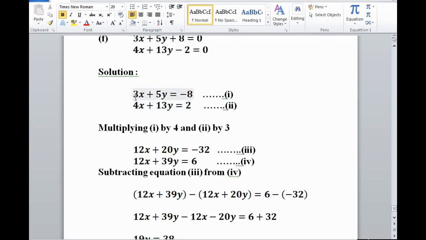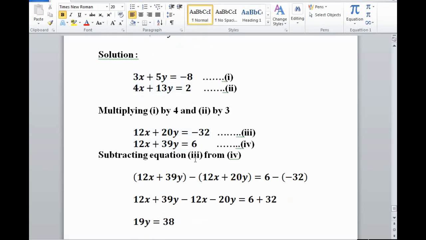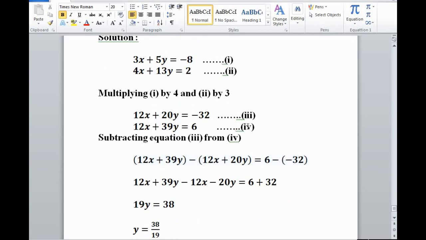So let's do it. 3 times 4, 12x, 5 times 4, 20, and 8 times 4, 32, and then 4 times 3, 12, 13 times 3, 39, and 2 times 3, 6. Let's name these two equations as 3 and 4. Since we are having positive 12x in both the equations, to eliminate x from these two equations, I'm going to subtract equation 3 from equation 4.